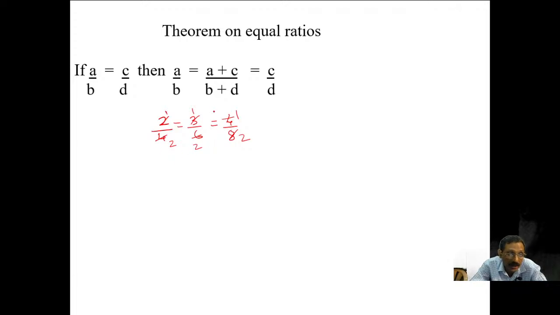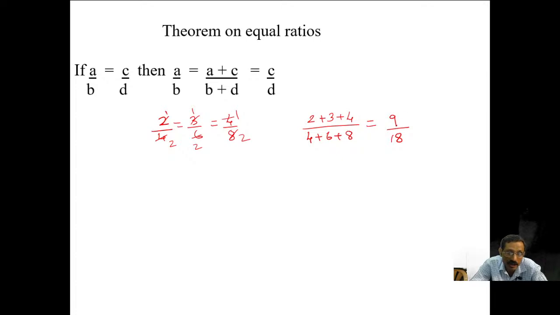Now, if I add them, let me see on adding what do I get. If I add this, what I will be getting is 2 plus 3 plus 4 upon 4 plus 6 plus 8, which is equal to 9 upon 18.